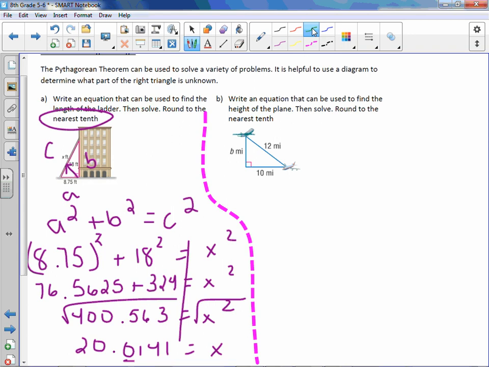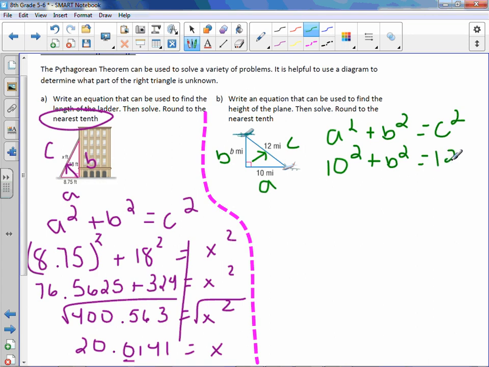Write an equation that can be used to find the height of the plane, then solve, round to the nearest tenth. This is C, B, and A. Subtract 100.